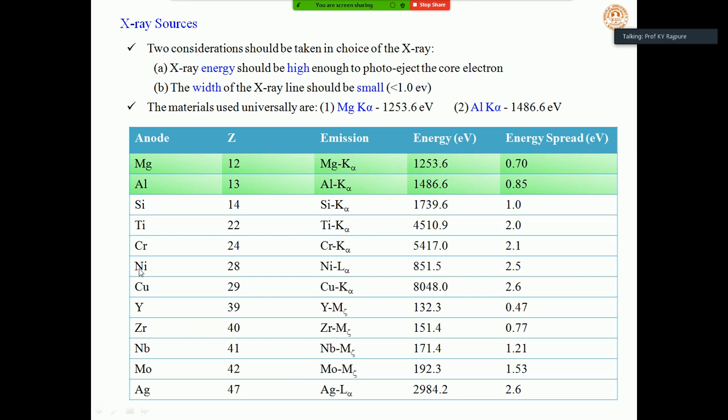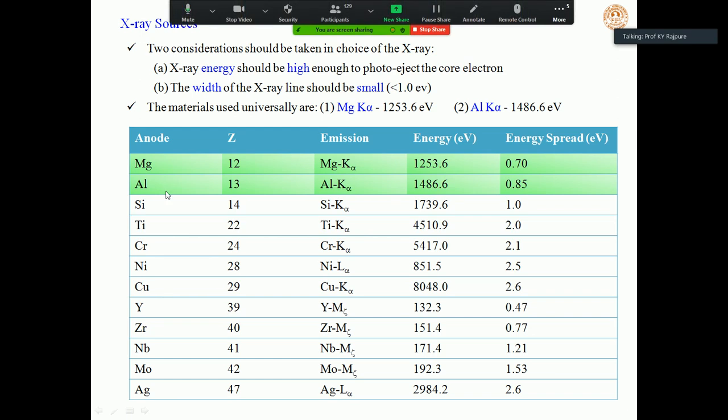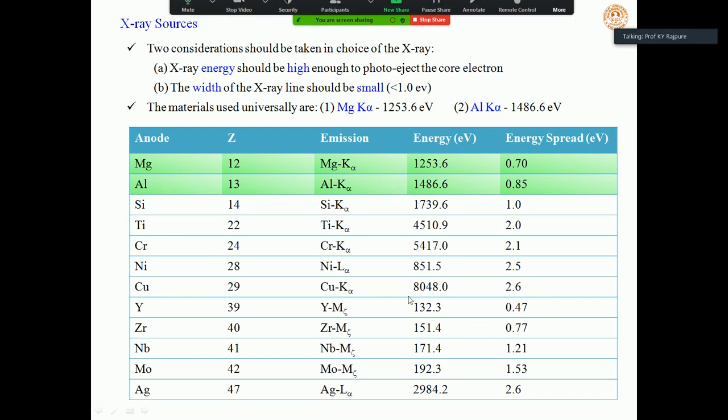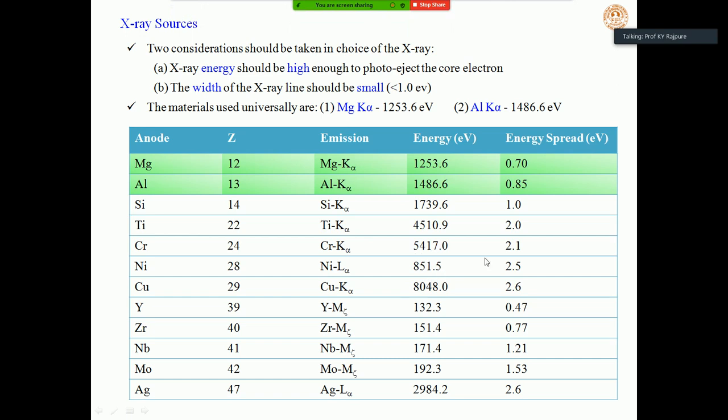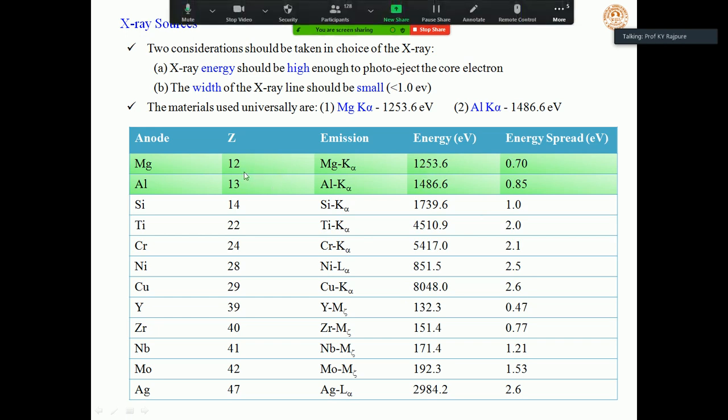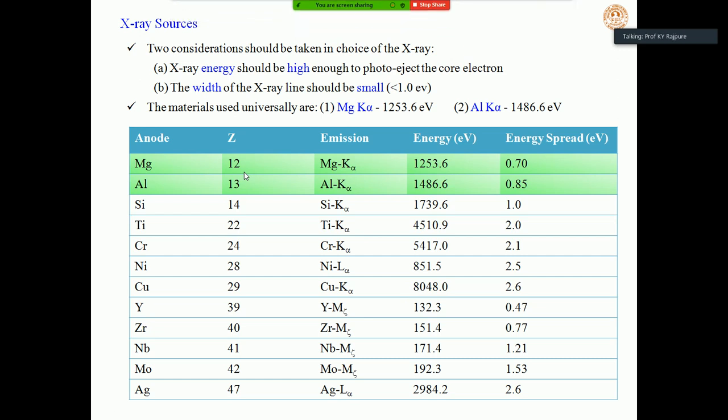If you look at various possibilities of the targets, there are other targets where energy is high, but their energy spread also is high. We should have less energy spread and high energy. And this criterion is fulfilled by Mg and Al. And therefore, generally, universally, Mg K alpha and Al K alpha radiations are used.